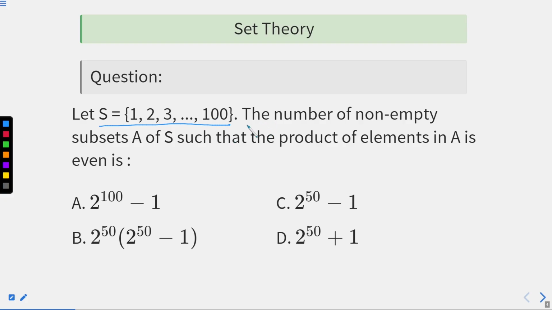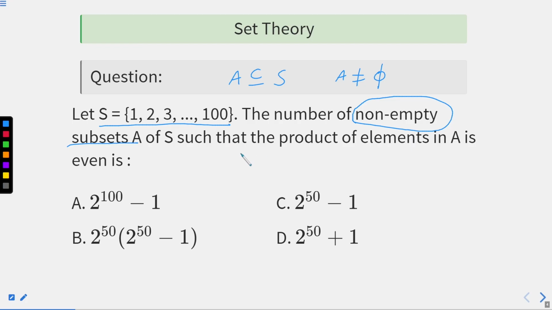Now further, please try to understand that the question is asking for the number of non-empty subsets. We have A, any subset of S, but A cannot be empty. So we write A is not equal to the empty set. We have to find the number of such subsets.